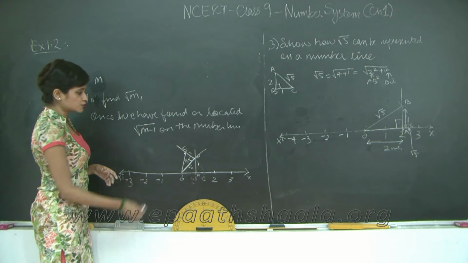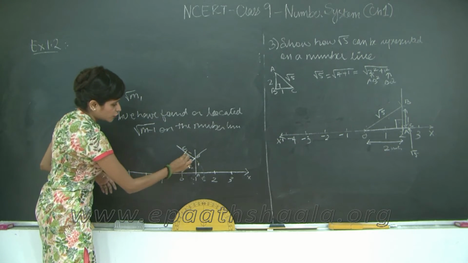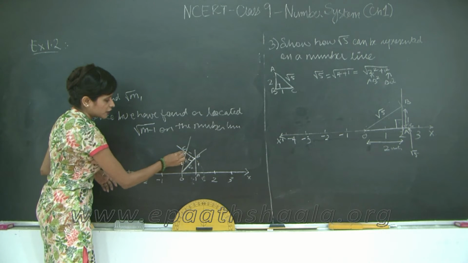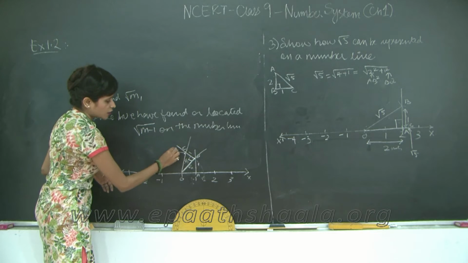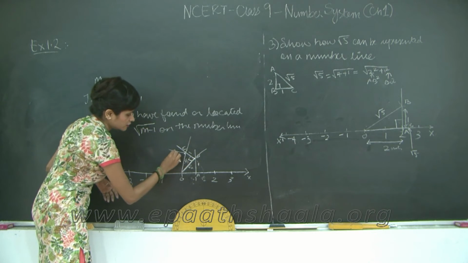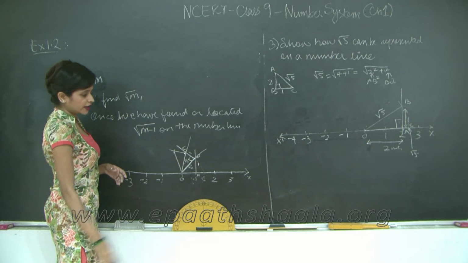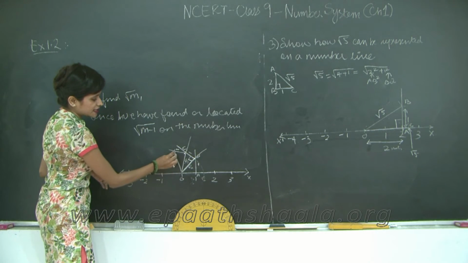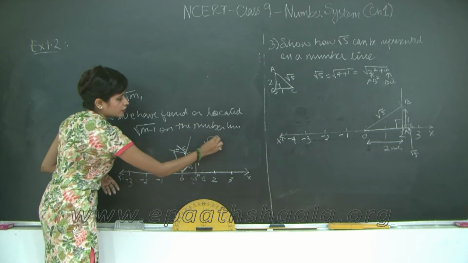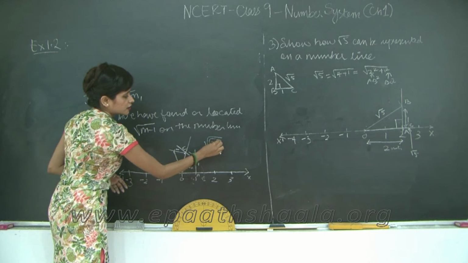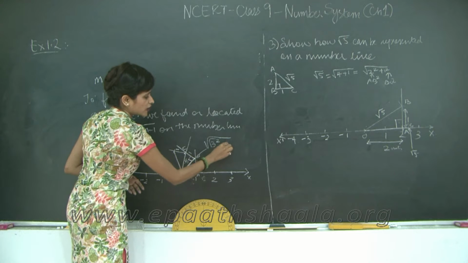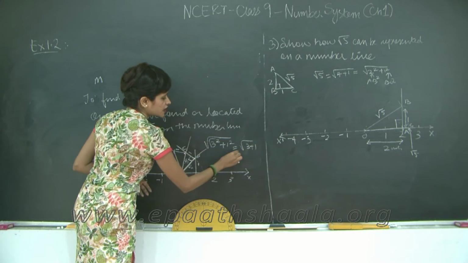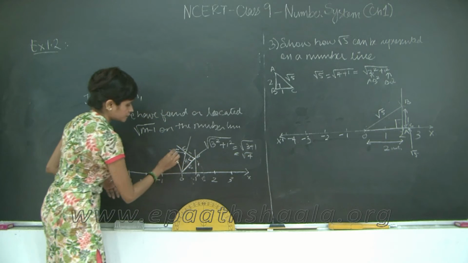Now if I want to draw root of 4, again what I am going to do is extend this line. I am going to draw a perpendicular. I will take 1 unit here and I will join this line, right? So this length was 1 unit. This is root 3. Obviously this becomes under root of root 3 the whole square plus 1 square, which is under root of root 3 plus 1, which is under root of 4, right?